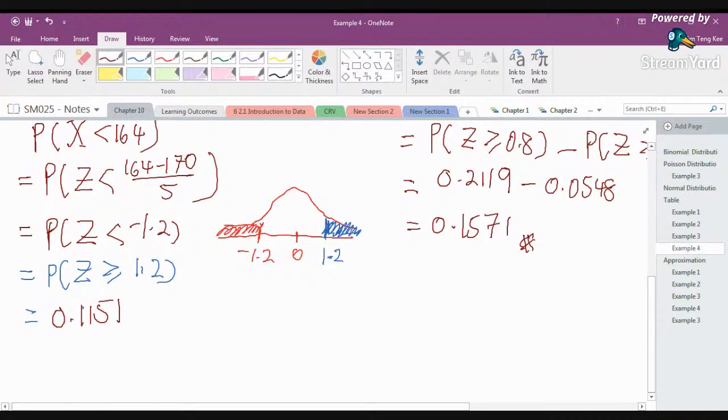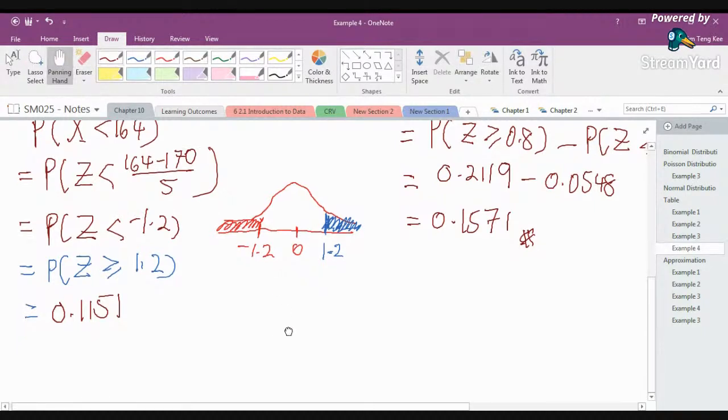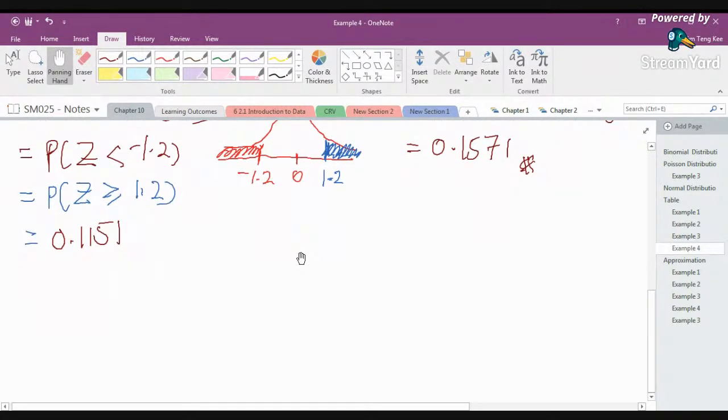We haven't answered the question yet because the question asks how many students there are. So this probability tells us that about 11.51% of the students happen to have a height less than 164 centimeter. So we make use of this percentage and also the sample of students we have to estimate how many students have a height of less than 164 centimeter.